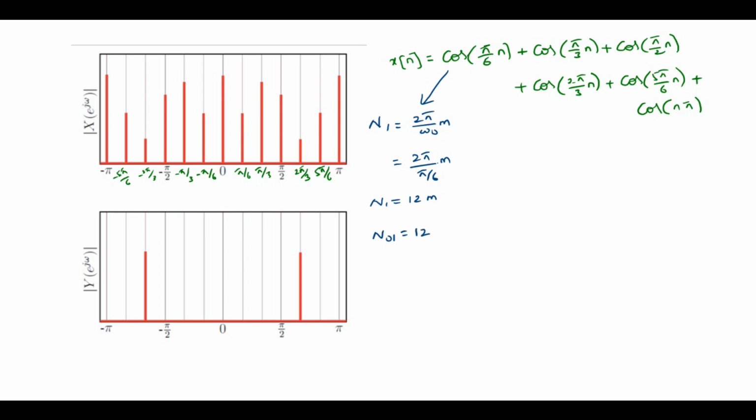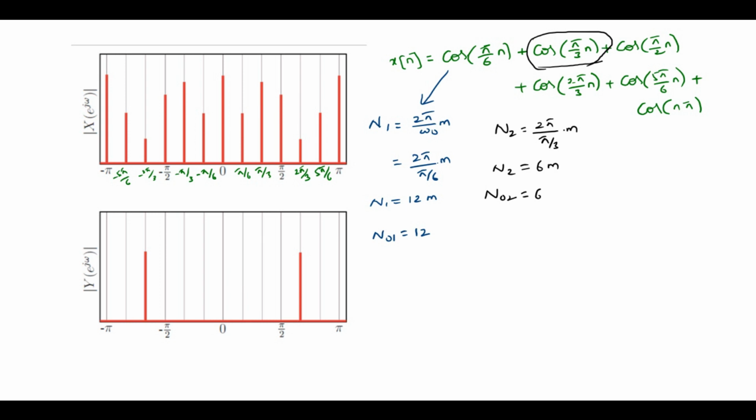For the second one, N2 is (2π/(π/3))·m, which is 6m. So the fundamental time period N02 is 6.